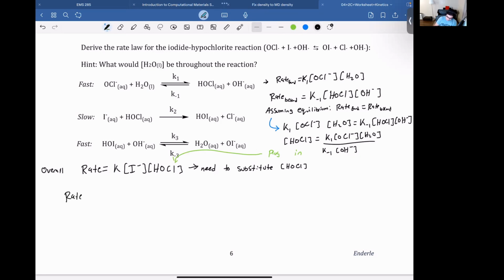So we get rate is equal to K. And this is, yeah, K for the overall reaction times the concentration of iodide times that big thing, K1 times OCl minus times concentration of water, K negative 1, concentration of hydroxide.